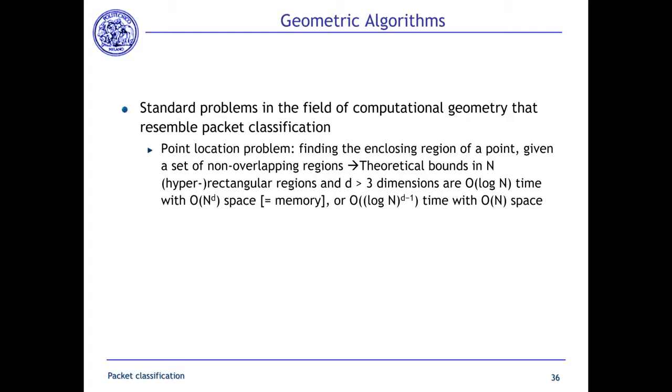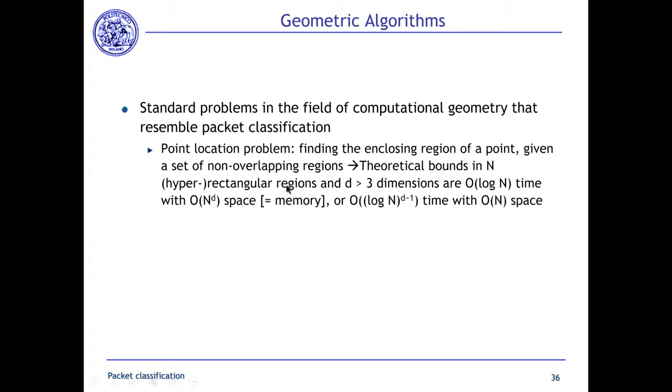By space, we mean here memory: how much memory you need to build the supporting data structure, and by time we mean how many memory accesses we have to do in order to solve the problem when we are doing the classification.